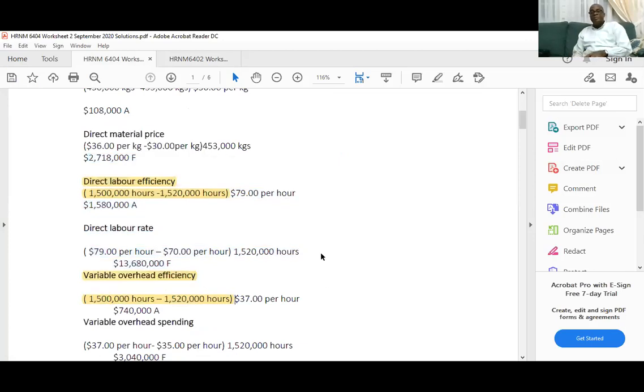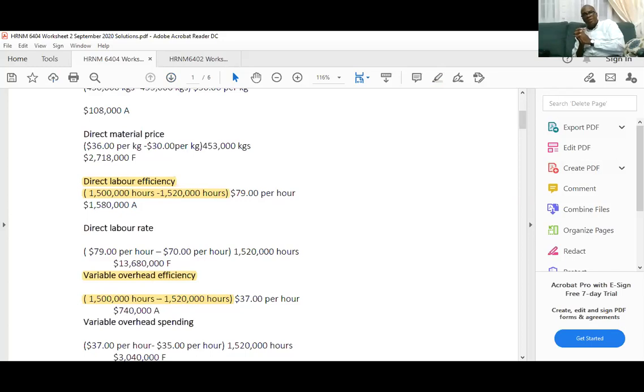Will it always be the same? What's the condition that would make them the same? Sir, if the overheads are absorbed on the basis of direct labor hours. Yes, when overheads are absorbed on the basis of direct labor hours.